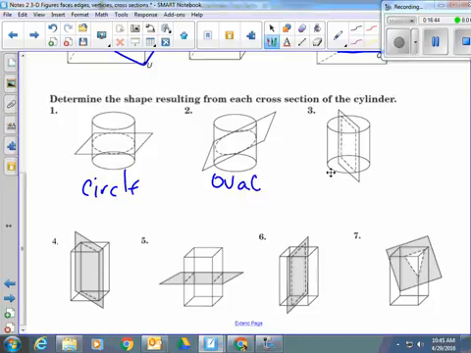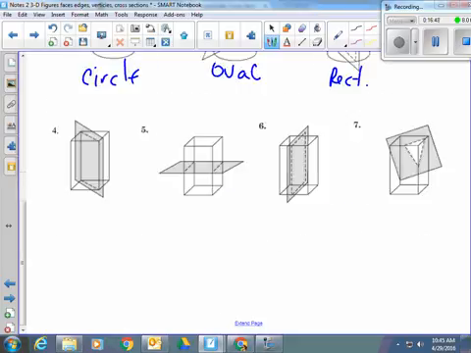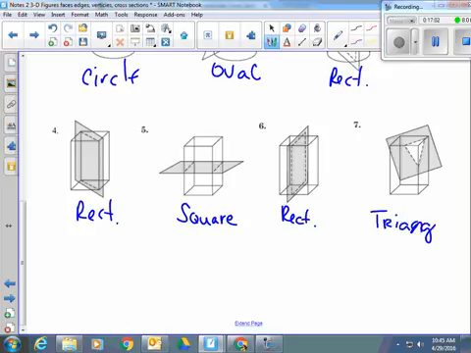Number 3? Rectangle. Good. Number 4. Rectangle. Very good. Number 5. Square. Number 6. Rectangle. Number 7. Triangle. Easy stuff? Yes. Good.